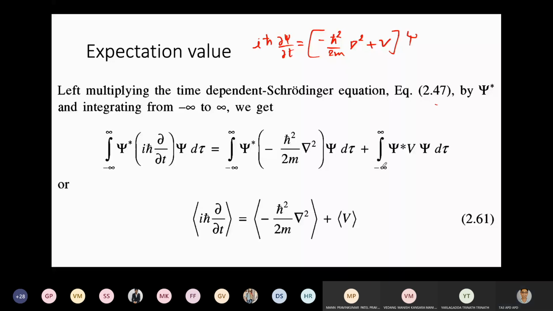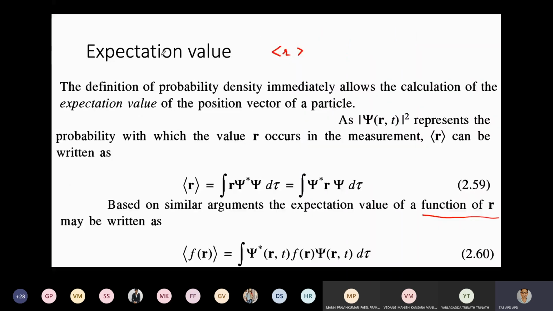Now, according to the definition of this expectation value, as we have just said, for any expectation value we simply multiply the probability. So you put that parameter in between the wave function psi star and psi, and you integrate it. That will give you the expectation value.